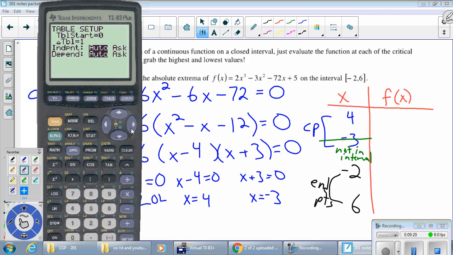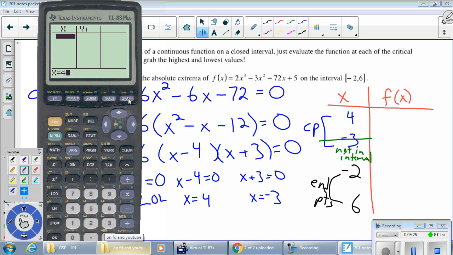Second table set, I want it to ask me the values I'm interested in, and the ones I want are 4 and -2 and 6. So I think that's the quickest way to use the calculator to do these 3 function calls. So -203, 121, and -103.